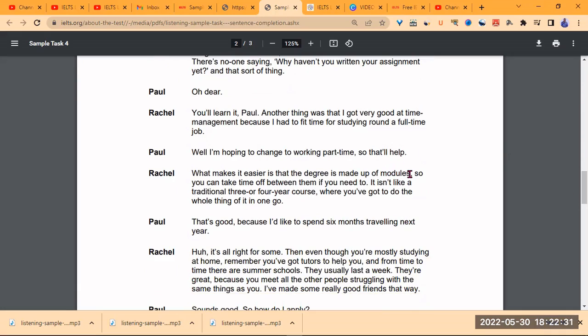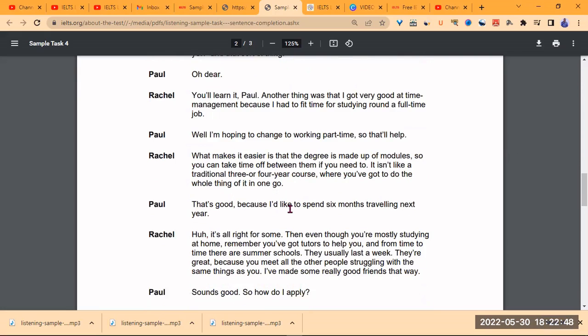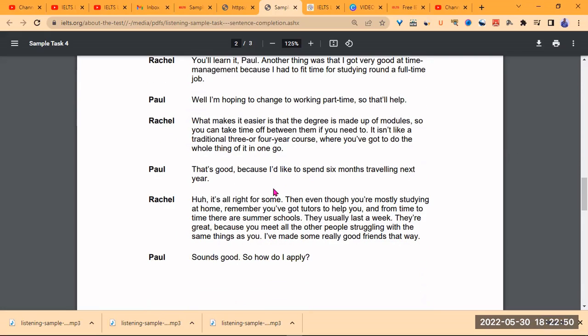So you can see this is another answer. So you can take time off between them if you need to. It isn't like a traditional 3 or 4 year course where you've got to do the whole thing in one go. Then Paul said, that's good because I'd like to spend 6 months traveling next year. And Rachel said, oh, it's all right for some.